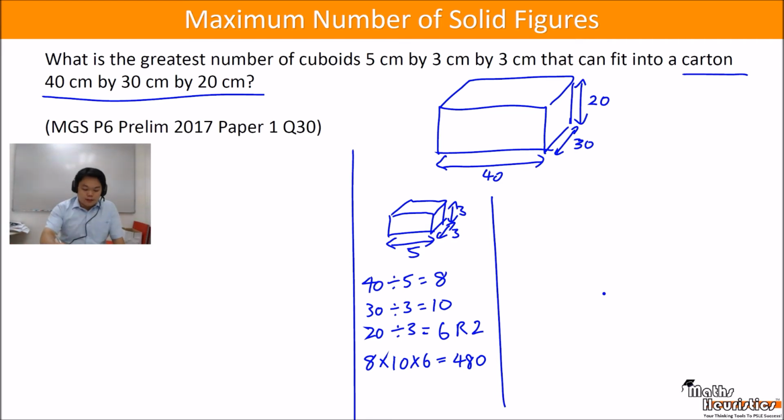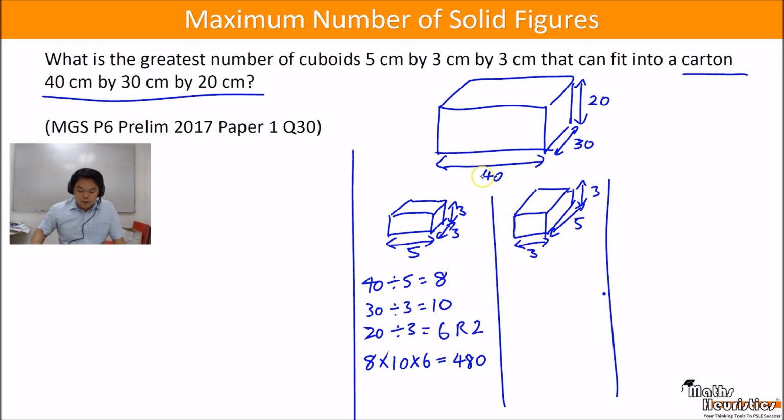Okay, then let's consider another orientation. So this is now the 3 cm edge. We put a 5 cm edge here. And the height of this cuboid will be 3. When we do this, we are fitting the 3 cm to the 40 cm edge. So how many cuboids can we put along that?